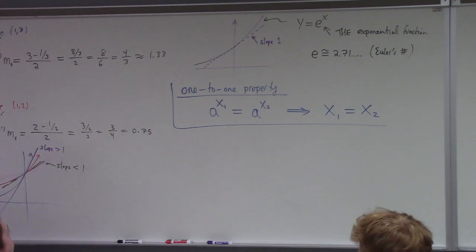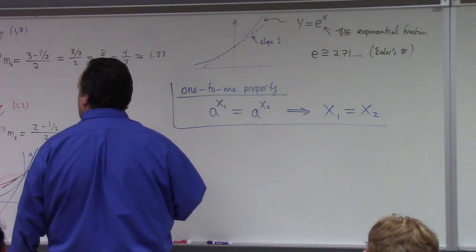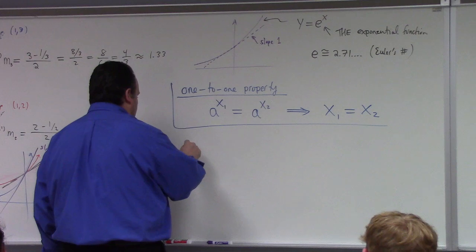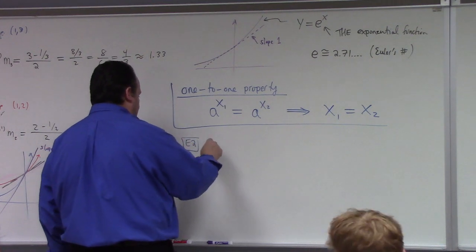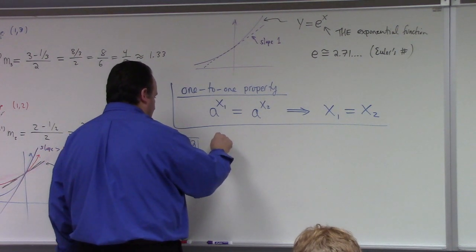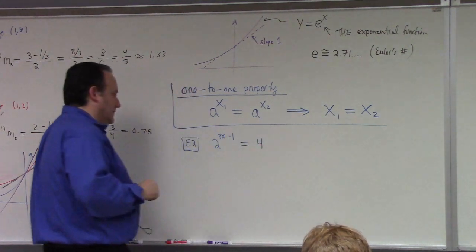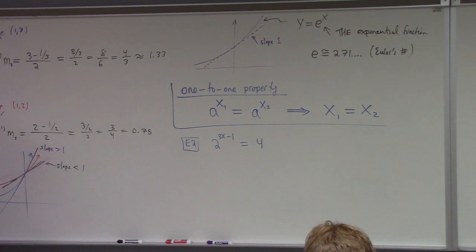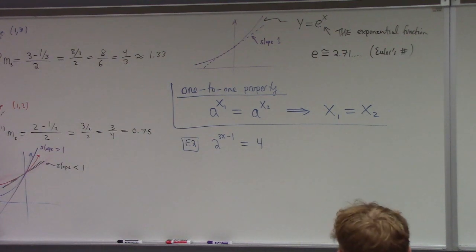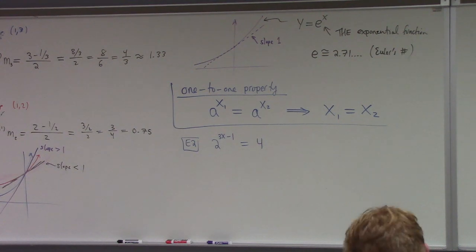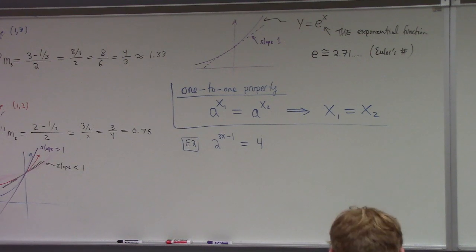So with that in mind, we can do examples. Example 2: if I had, for example, 2 to the 3x minus 1 is equal to 4, how could I solve that? Well, it's not quite the right format yet. I need to take the 4 and rewrite it as a power of 2. 4 is what?